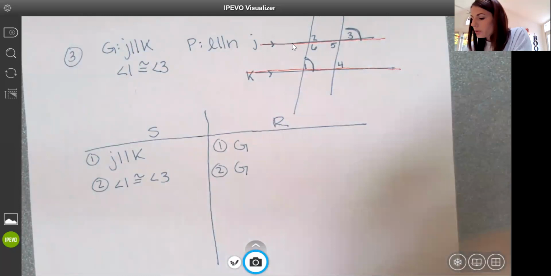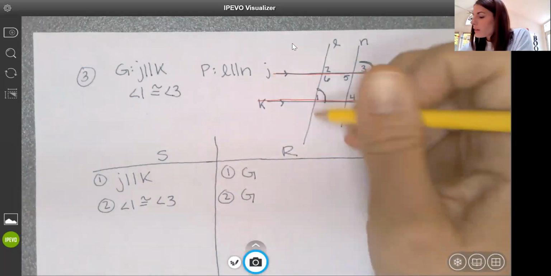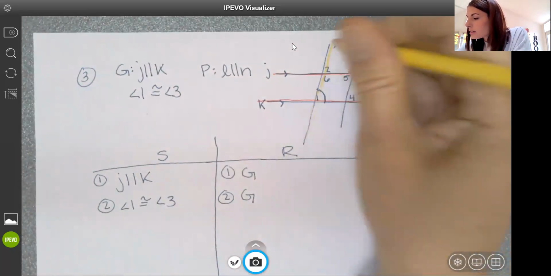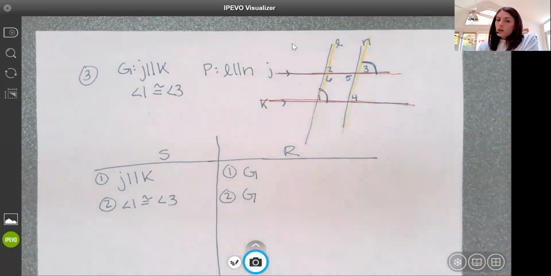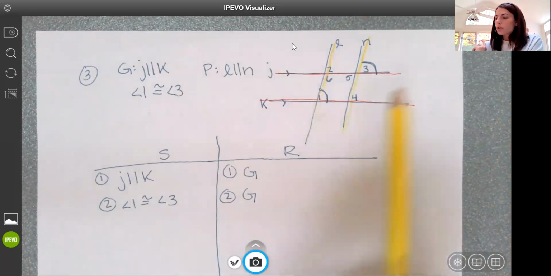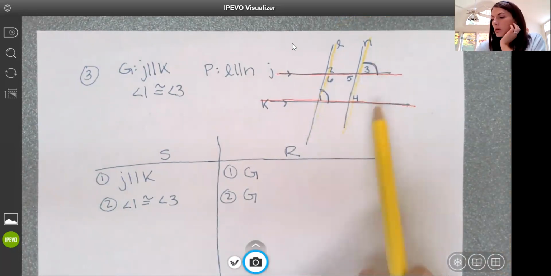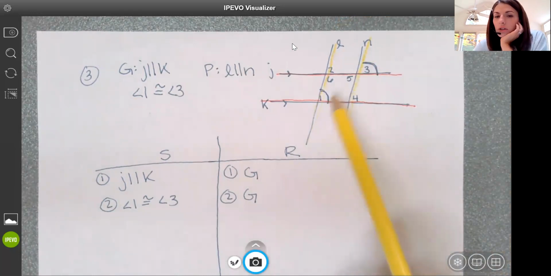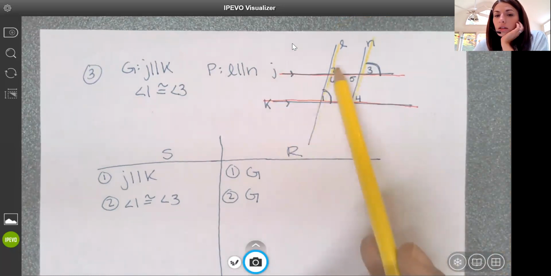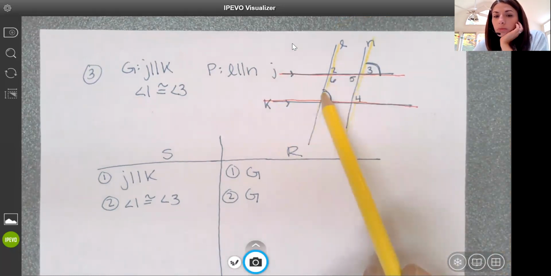Now, what we want to prove would be that these lines are parallel. And so we have to kind of connect an angle to either 1 or 3 to be able to say that they're parallel. Right now, I know that these lines are parallel here. So I can use, for example, 1 and 2, I know would be congruent because on these red lines, these are corresponding angles.